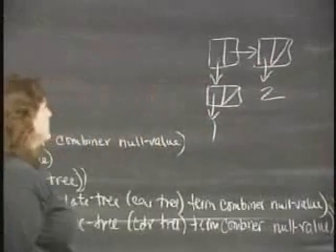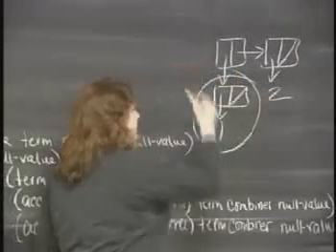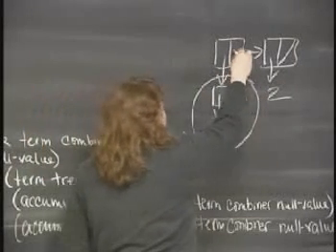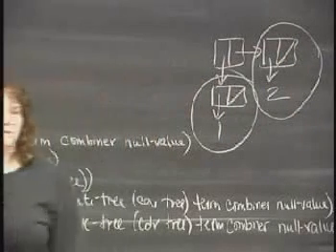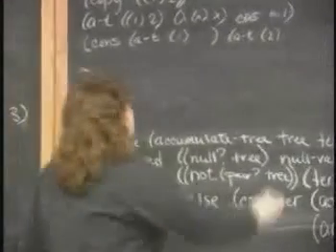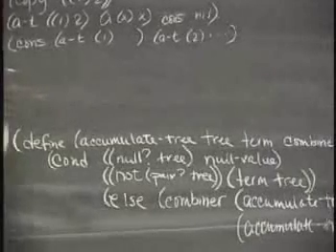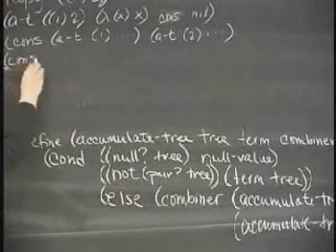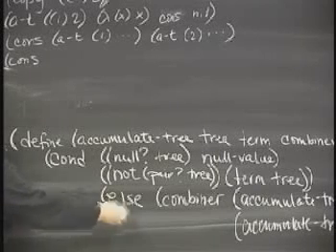There's our list. The car of the list, what's pointed to here? That's the list 1. The cdr of the list, what's pointed to here? That's the list 2. Okay, so now cons accumulate tree on the list 1 falls here.